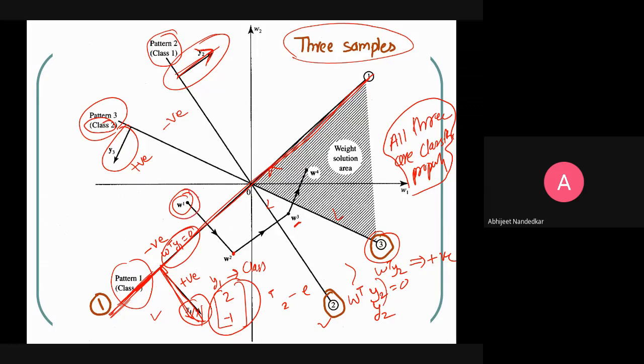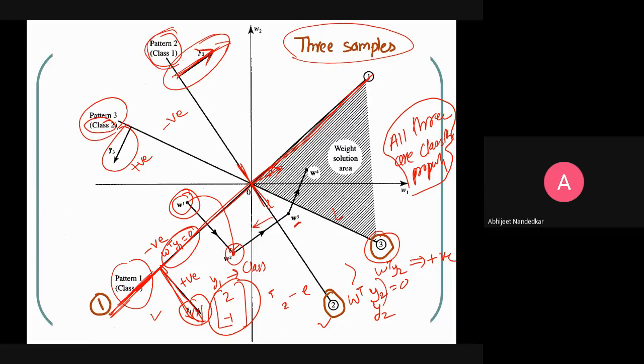Since my weights are here, I want positive output. Actually, it will produce negative output. So I should throw my weights here. If I'm standing here and take second pattern, which is y2 of this direction, then if I plot here y2 and then draw a perpendicular line, then since my weights are below this line, they are here, I will get negative answer.